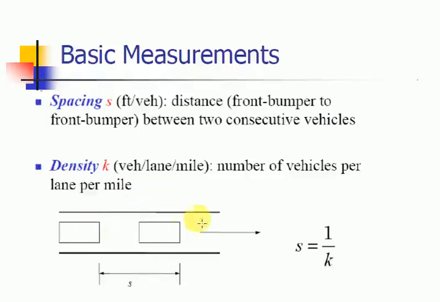As per the diagram, density is basically the number of vehicles occupying a given length of highway. Suppose this is my length, consider 1 kilometer of stretch. How many vehicles are there in that 1 kilometer stretch, that is basically the density, vehicles per kilometer.